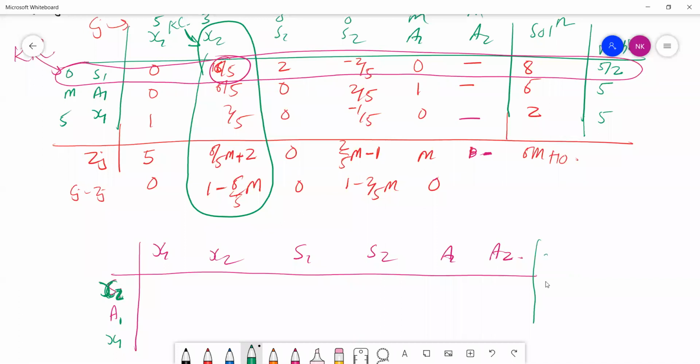Okay. Now, if anybody can help me out to find the values.